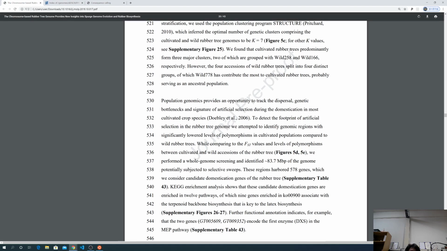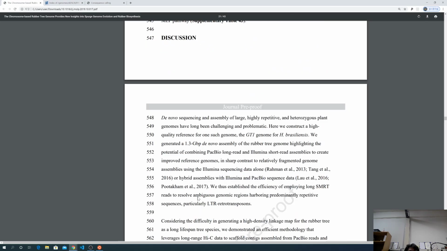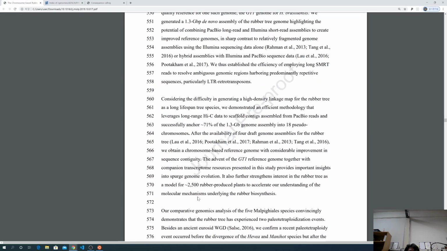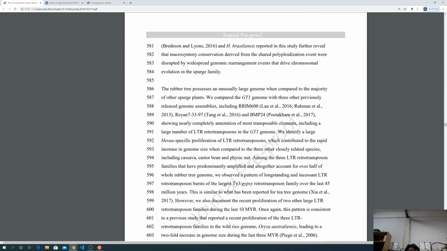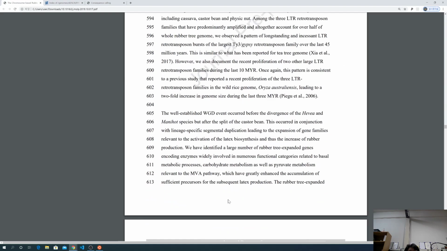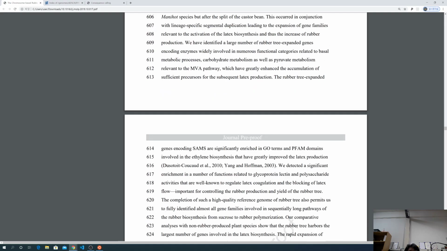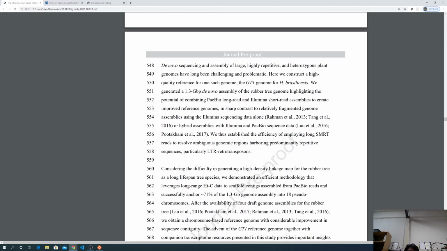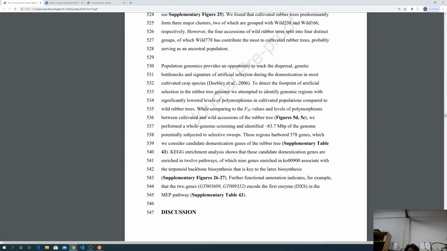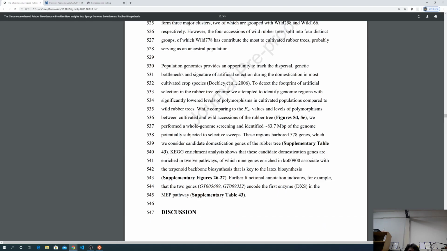Is it right? I don't know. I do not know, really. So why can they generalize that those genes are really latex producing genes?